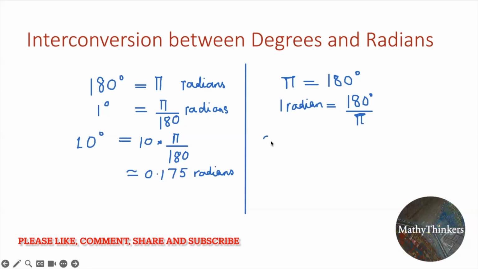If we have 0.175 radians given in the question, and we need to convert it to degrees, we multiply that 0.175 by 180 degrees over pi. So we will have 10 degrees approximately.